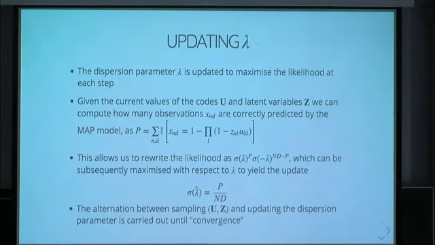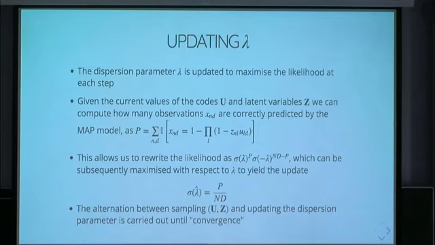All this says is, let's look over all elements X_nd, and count whether the MAP prediction was above a half if the X was a 1, or predicting less than a half if the element was a 0. So this just counts the error rate, and that allows us to write the likelihood function as a function of lambda.